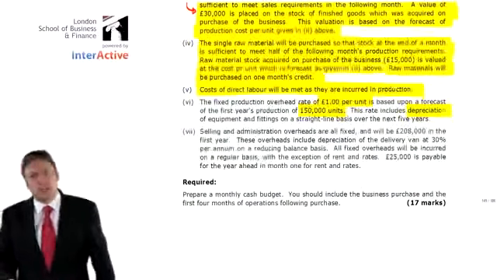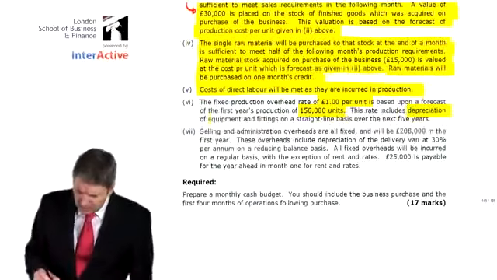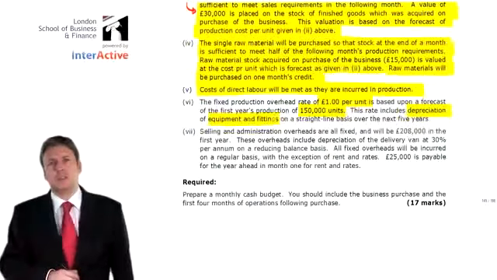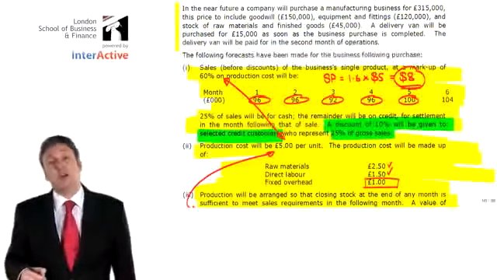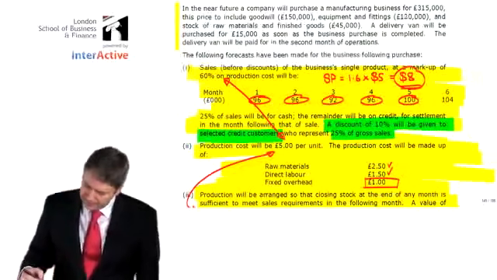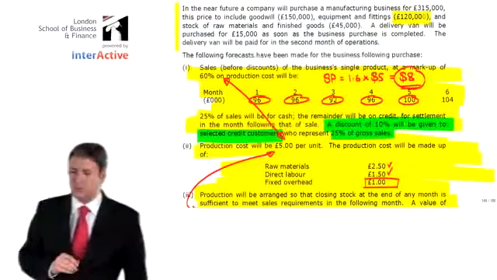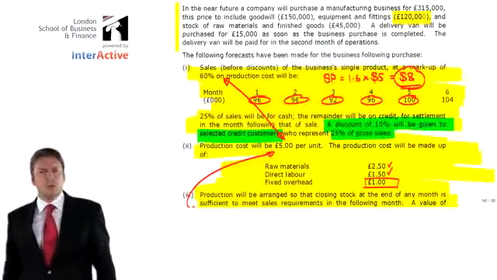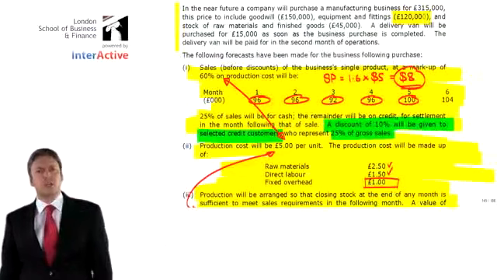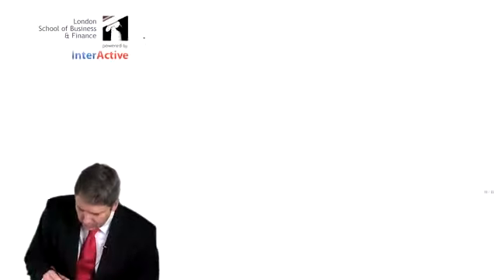And given that it's not a cash flow, we want to take it out. Where do we find these equipment and fittings? Well, it sounds like something that we would buy. If we look at the top paragraph here, we see that we purchased equipment and fittings to the tune of 120,000. Well, okay, so we've got all the bits and pieces. We just have to go and do some sort of silly working. Not too difficult at all.